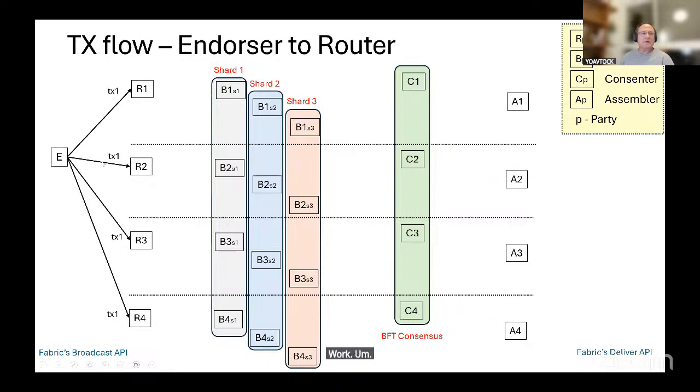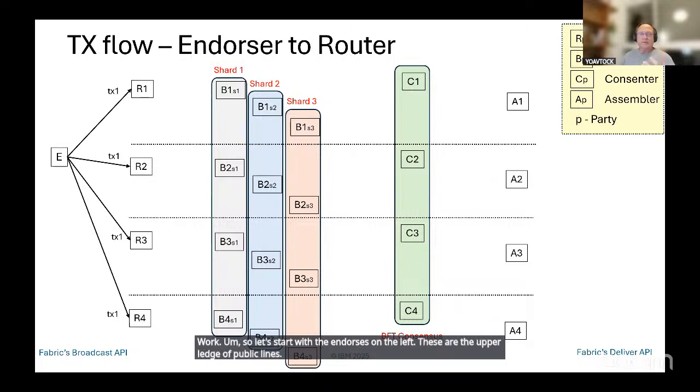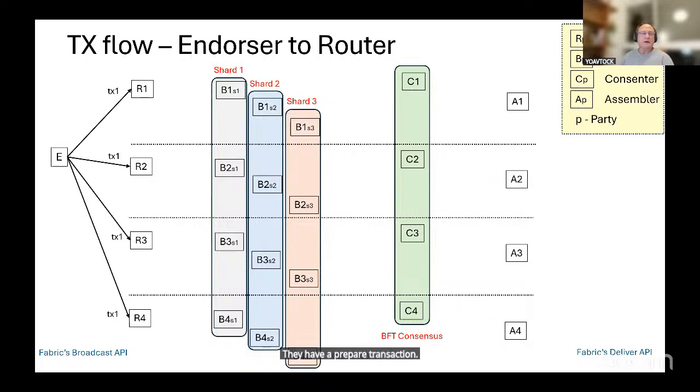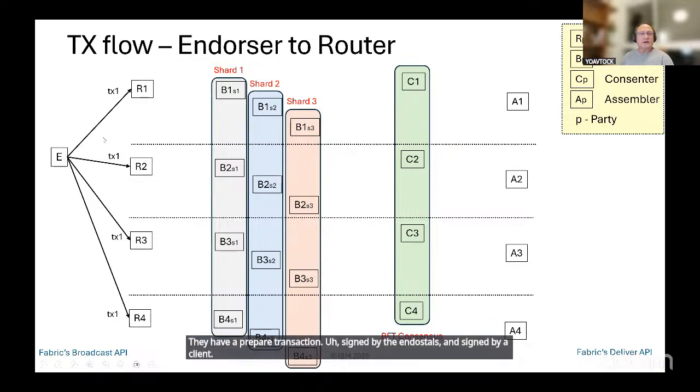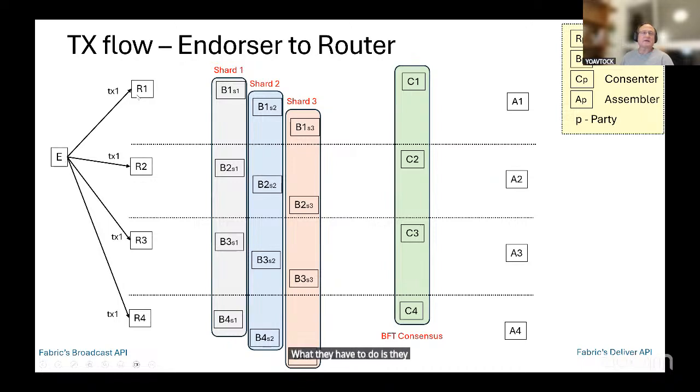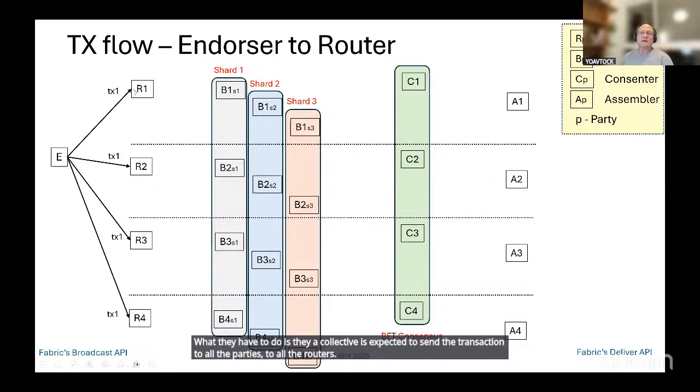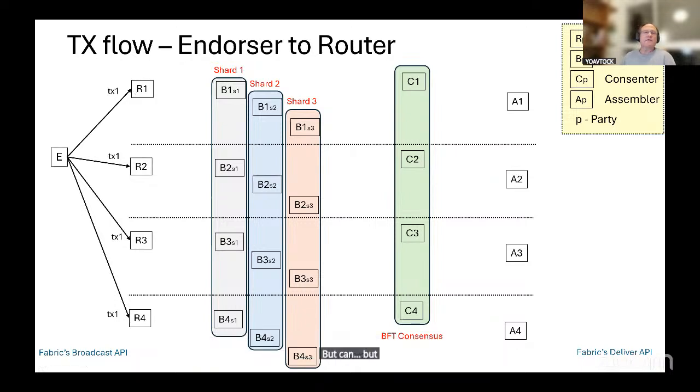So let's start with the endorsers on the left. These are the Hyperledger Fabric clients. They have a prepared transaction signed by the endorsers and signed by a client. A correct endorser is expected to send the transaction to all the parties, to all the routers, but must wait for 2F+1 parties to respond in order to be sure that the transaction had been accepted.